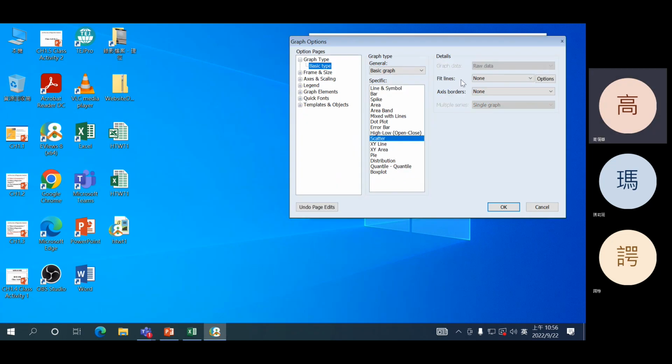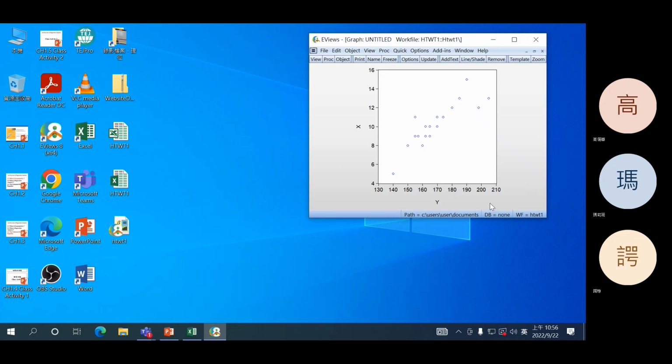Maybe the scatter, okay? I choose the scatter. But there are no lines. This is the original 20 observations. And look at these observations, you see the positive relationship between X and Y, right?